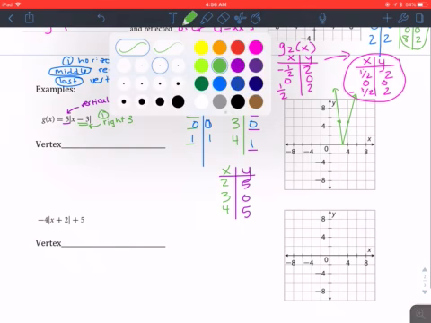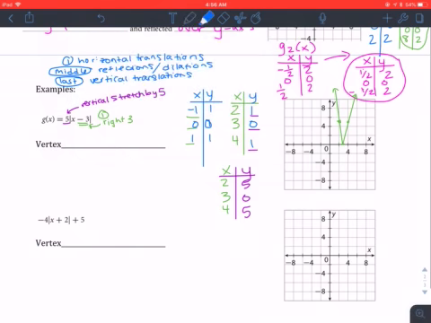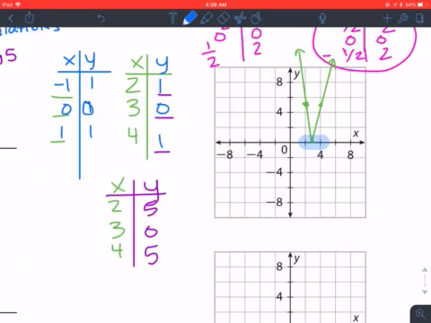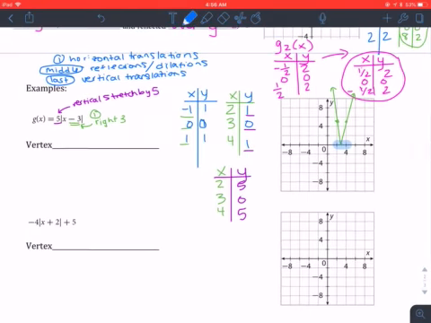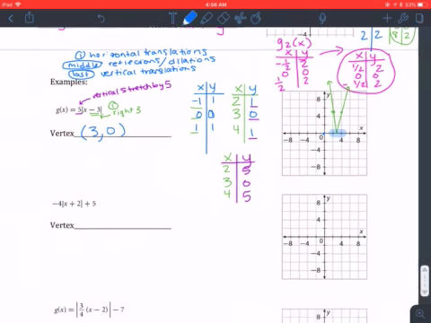Now the vertex is this point right here. So it's your maximum or minimum on your absolute value function, and that point is at 3, 0. So it normally is at 0, 0 in the parent function. Shifted right 3, so now it's at 3, 0.